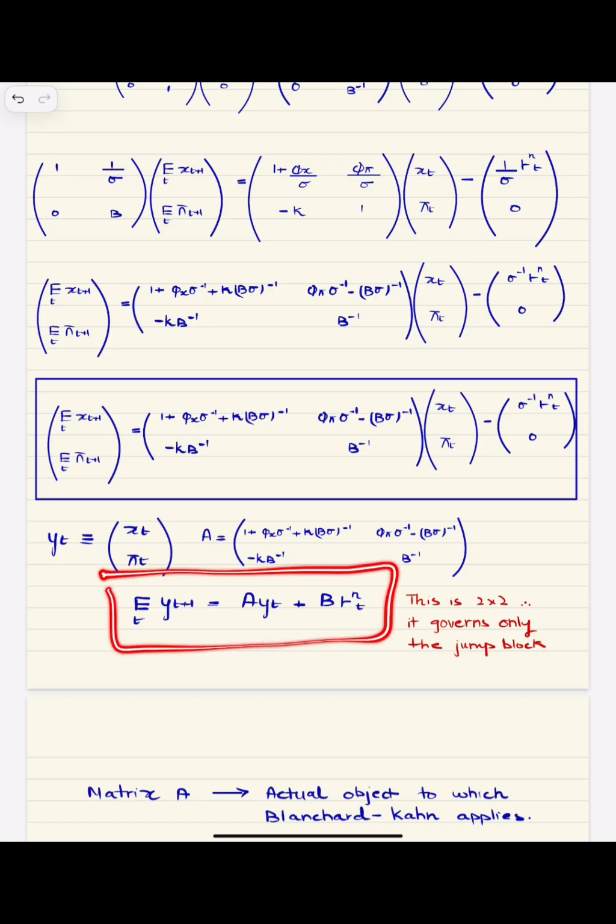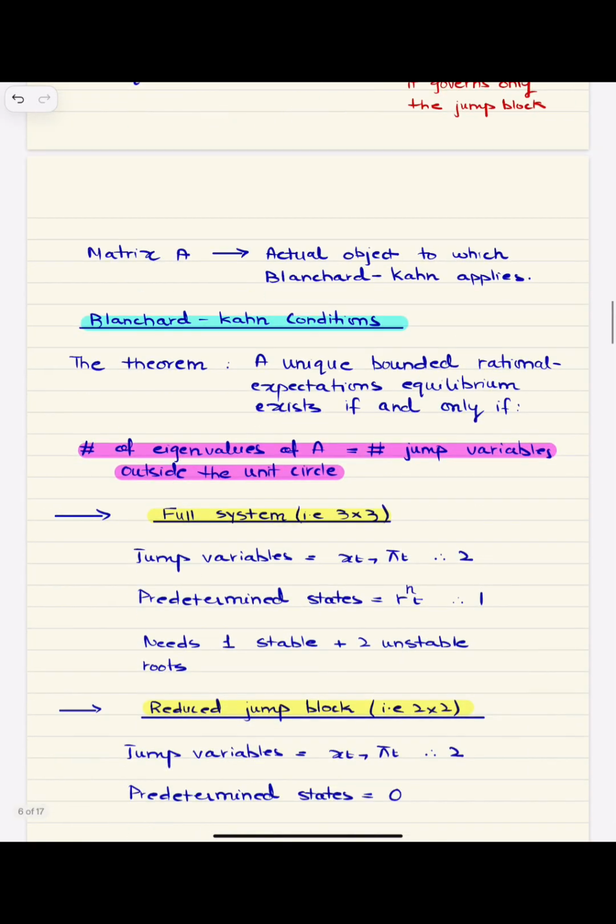Now, the main important matrix that you have to look at is matrix A. This is our key object, and the BK conditions apply only to matrix A. So what are the BK conditions?